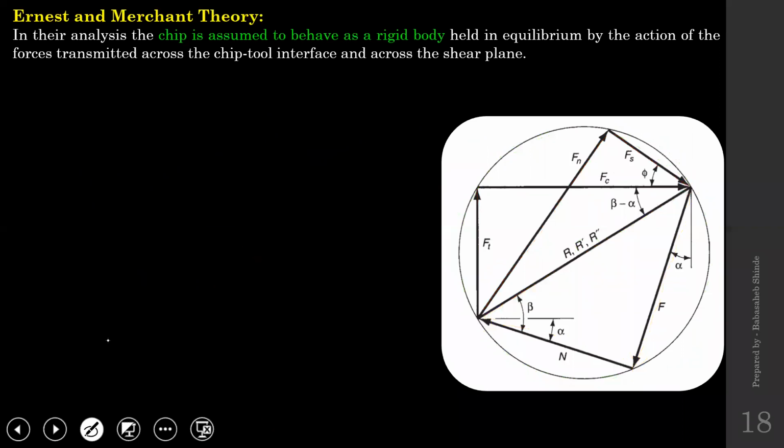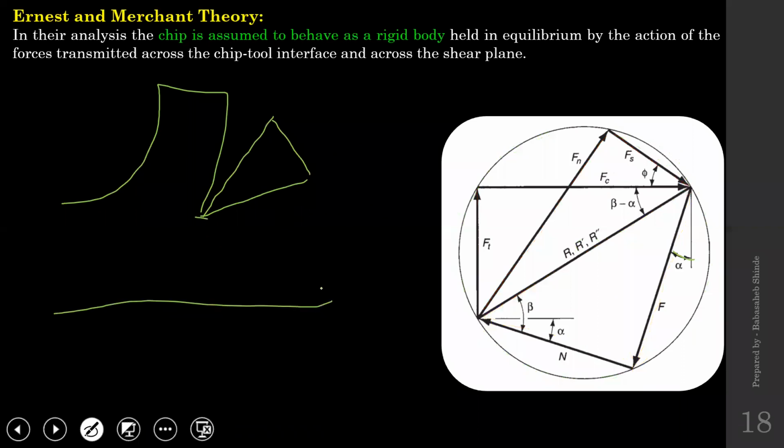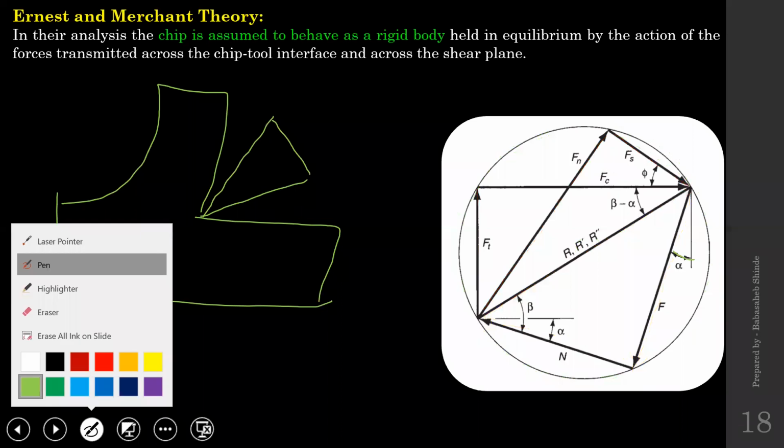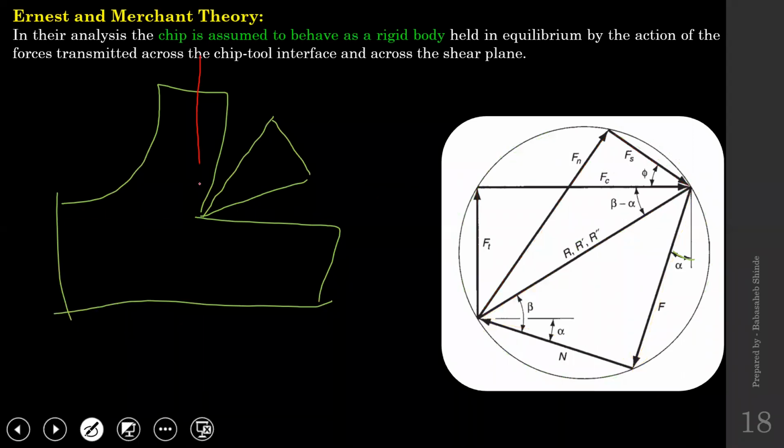So this angle is alpha. How do we get that alpha? This is a cutting tool, a chip, finished surface, unfinished surface. So when I draw a perpendicular over here, the inclination of the rake face with that perpendicular is alpha. Okay.